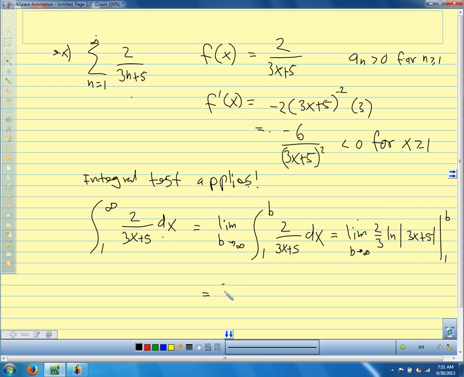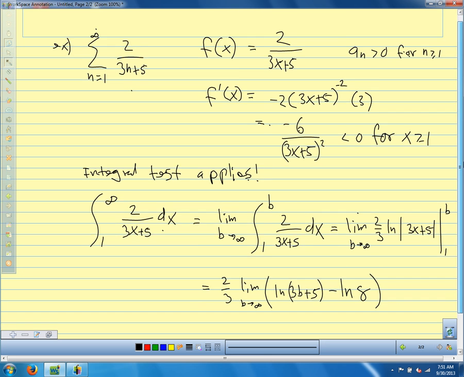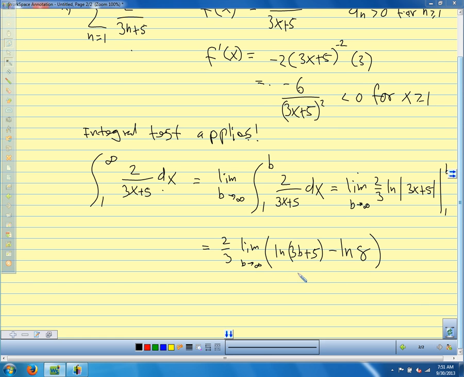So this equals 2/3 the limit. I'm just writing this out. B approaches infinity of the natural log of 3b plus 5 minus the natural log of 8. And this limit is what? As b approaches infinity, the natural log of 3b plus 5.